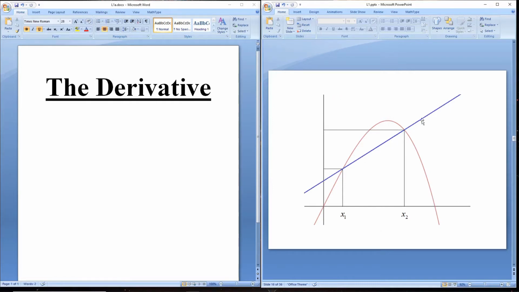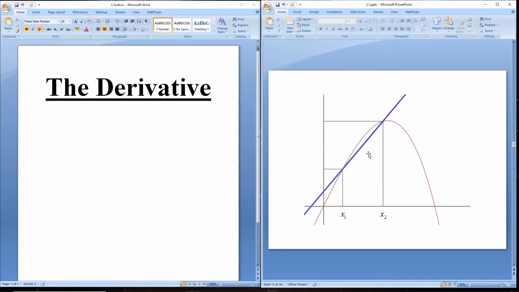And notice that the blue line changes a lot immediately, but as we get closer and closer to x1, it hardly is changing at all. And what we're going to do is let x1 and x2 get infinitesimally close, and we will do that with the limit.